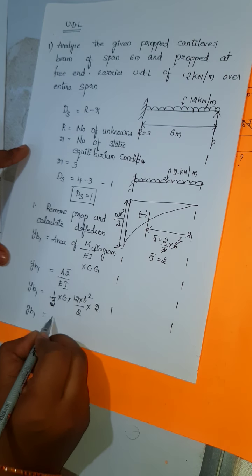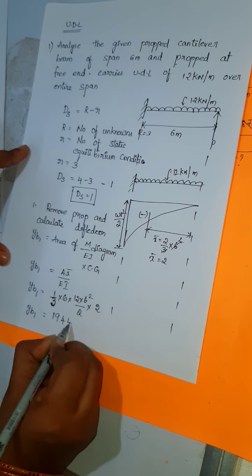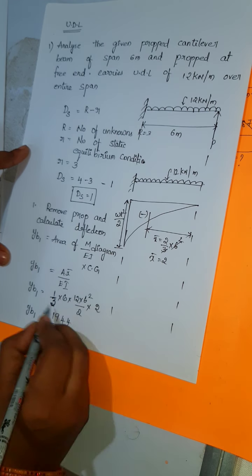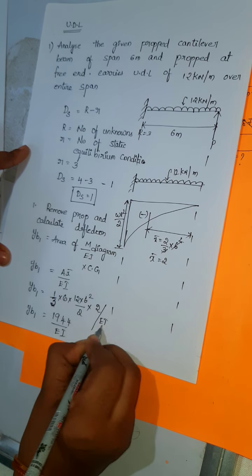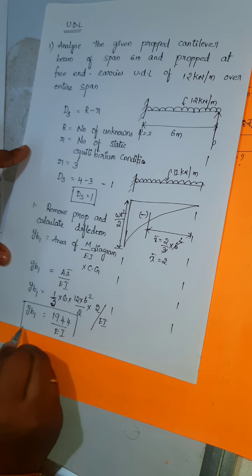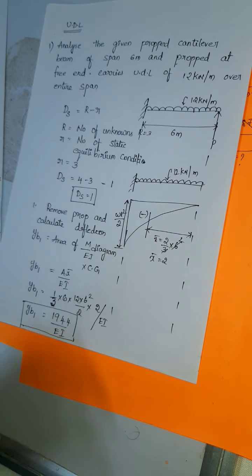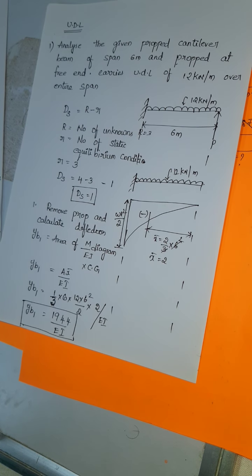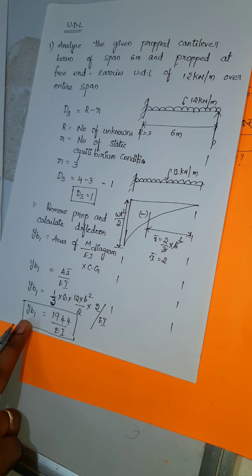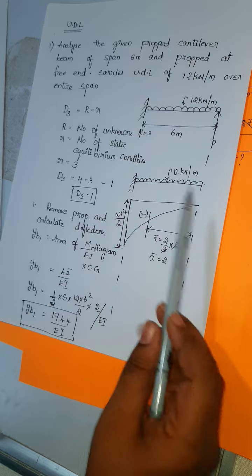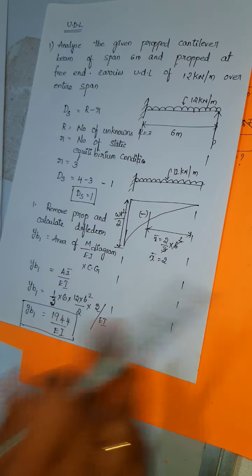If I do the calculation, AX bar by EI, YB1 is equal to 1944 divided by EI. This is my deflection at B by removing the prop, and I have just calculated the deflection for UDL. Okay, next step.